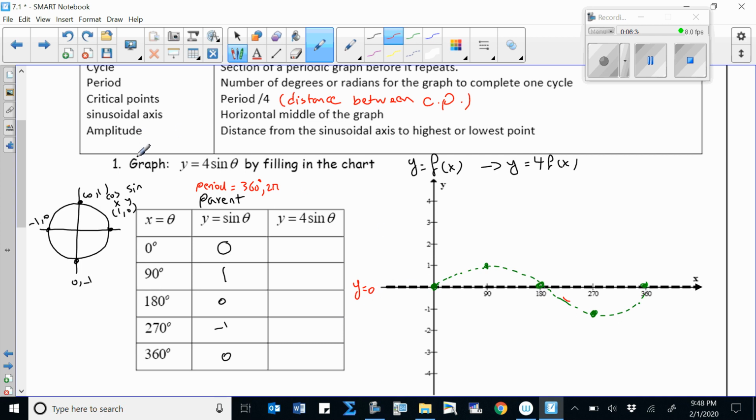Then what is amplitude? Amplitude is the distance from the sinusoidal axis to the highest point or to the lowest point. So these two distances are the amplitude, from here to here and from here to here. And I don't care if this is actually below the x-axis, so this is not a negative number. Amplitude is always positive.